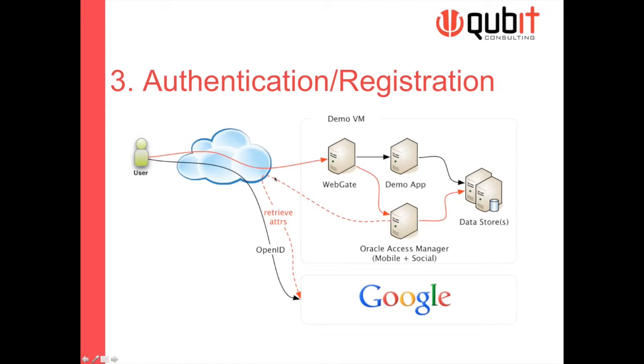Access Manager will then make one or more callbacks to the identity provider to establish that the session has been correctly set up. It'll also do the attribute transfer, so you configure what attributes you want to make available out of Google. That information is exchanged at this point after the session has been established. So by this stage, not only does it know that there's a valid session, it has all of the configured attributes about the Google user available to make decisions on.